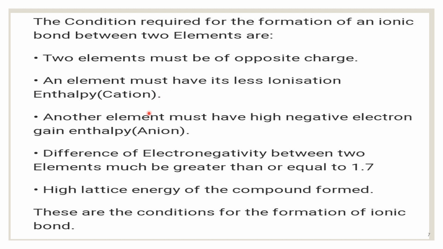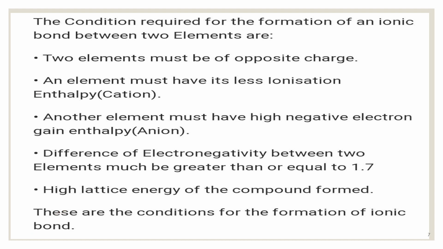The difference of electronegativity between 2 elements must be greater than or equal to 1.7. If the difference is greater than 1.7, definitely the 2 elements always form an ionic compound. If you want to write this, pause the video and note down these points into your notes.